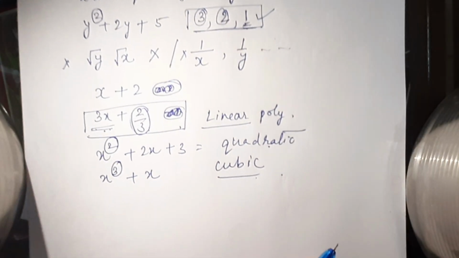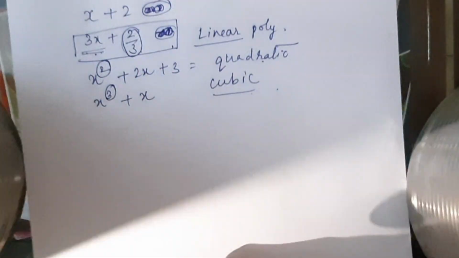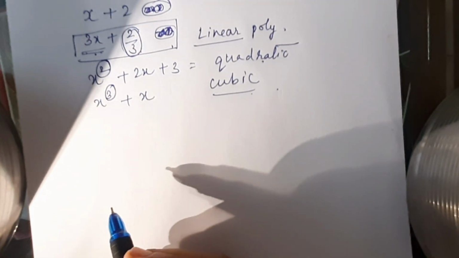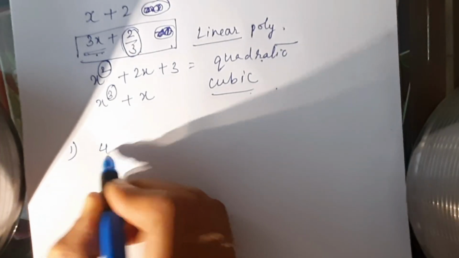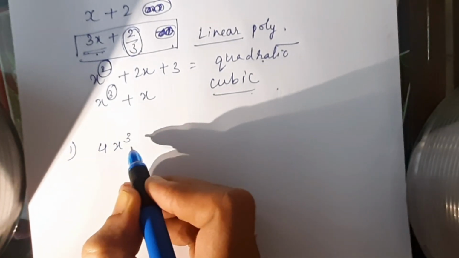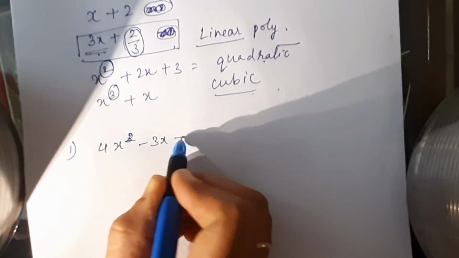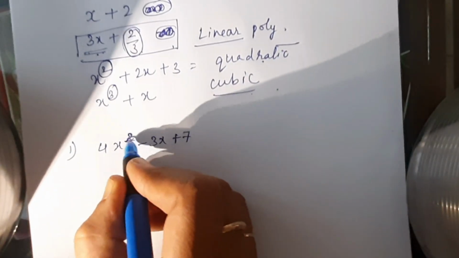Now let's start with our first question, where we need to decide whether the expression is a polynomial or not. The first question is 4x square minus 3x plus 7. In this equation we have degree 2.